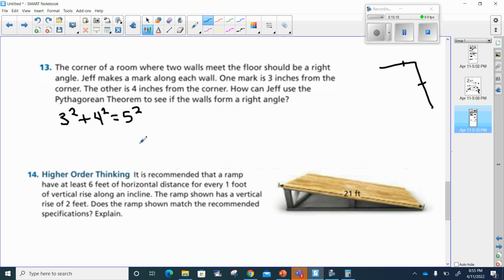And that will make a right angle because we know that 9 plus 16 is going to equal 25. So how can Jeff use the Pythagorean theorem to see if the walls are right? We take 3 squared plus 4 squared, and we see that it equals 5 squared.